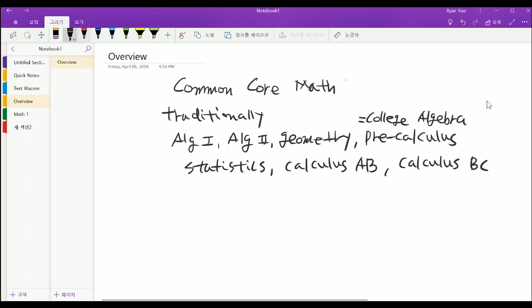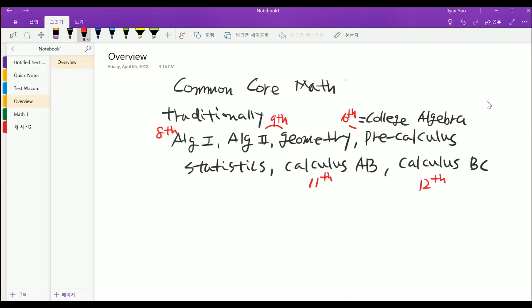I believe Algebra 1 is probably 8th grade math, and Algebra 2 and Geometry together are probably 9th grade math. Pre-calculus could be 10th grade math, then 11th grade is Calculus AB, and 12th grade is Calculus BC.